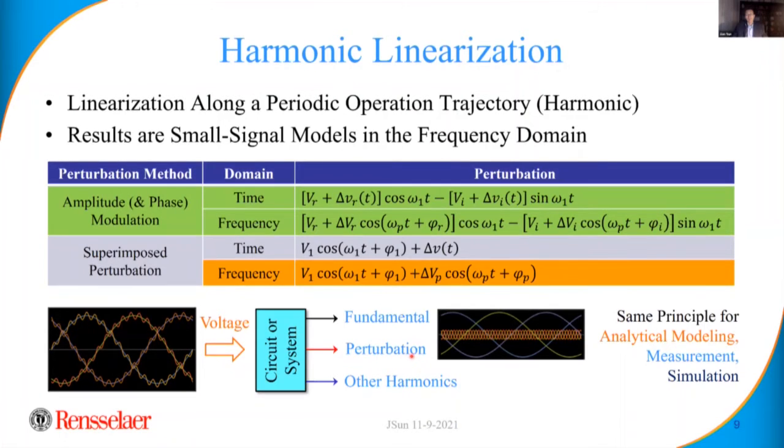Right? This is a linear relationship we try to capture. That component can be extracted by Fourier analysis. And then once you have that component, the ratio of that current response to the superimposed voltage will define the admittance at that frequency. So this is the basic idea.